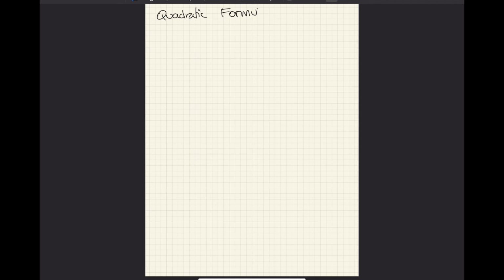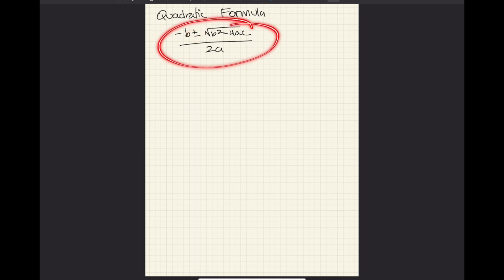So we had a look in the last video at what the quadratic formula is. If you want a more in-depth explanation, please have a look at that. But this is the formula. The plus minus means we have to do one of these with just the plus, and then an entirely new one for just the minus. So we're going to get two results.